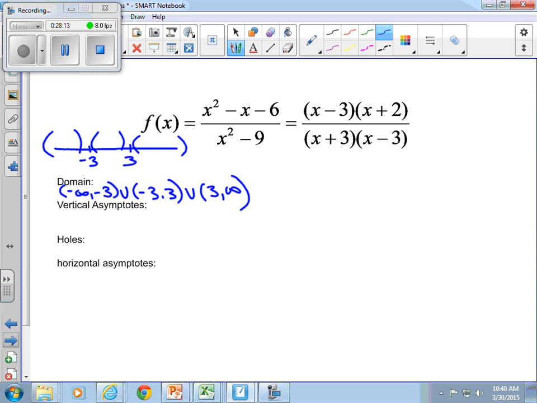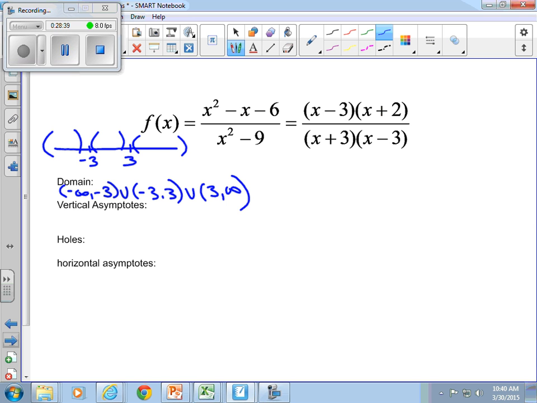So when we write the domain, we always write the in between. Like the whole thing, even if there's a hole. Domain does not matter whether your holes are asymptotes or addition. It doesn't matter anything, it just matters what x can be. And x can be anything except 3 and negative 3.